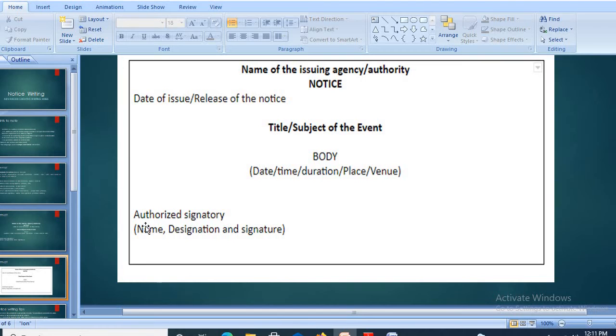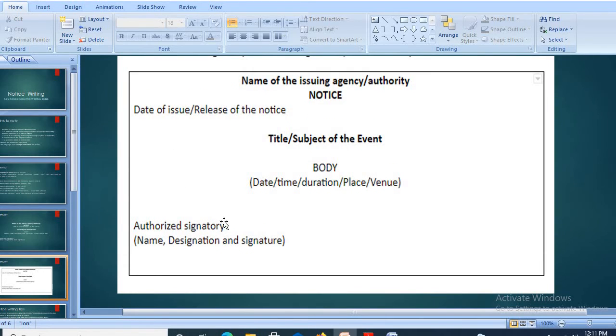Authorized signature has to be there: name, designation and signature. Please check very carefully which place you have to mention it. These are the places where you have to write it very carefully. Then you have to draw the box. I guess the box is also visible to all of you. I think the format is also very clear to all of you.